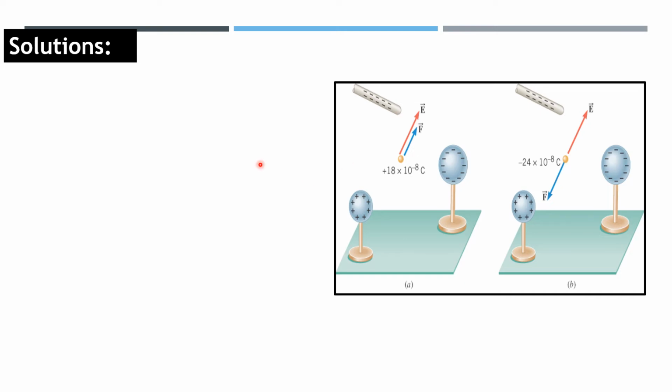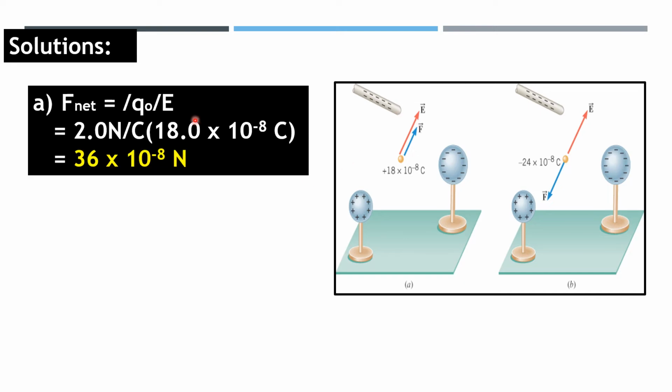For our first question, letter A, we are looking for the net force at that particular point for a positively charged test charge of 18 times 10 to the negative 8 coulomb. So what we did here is just multiply the given electric field, which is 2.0 Newton per Coulomb, by the magnitude of the test charge, which is 18 times 10 to the negative 8 Coulomb.